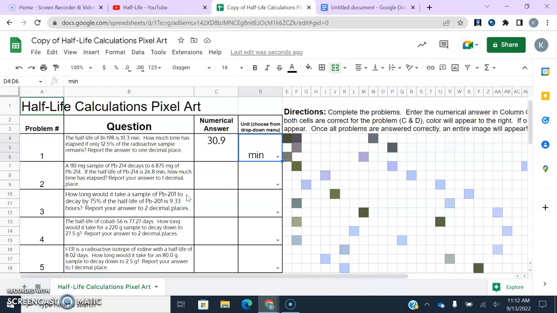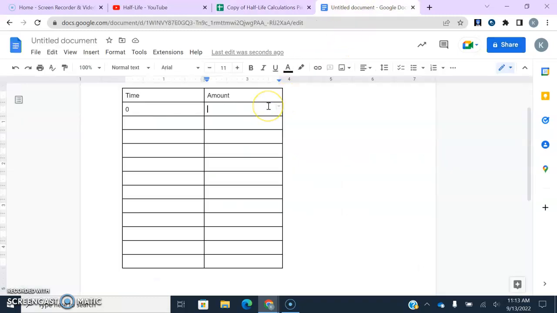If you're decaying something by 75%, that means we should have 25% left. So, just like in the last problem, we're looking to see how much time it takes to get to 25%. We'll start, of course, with 100%.